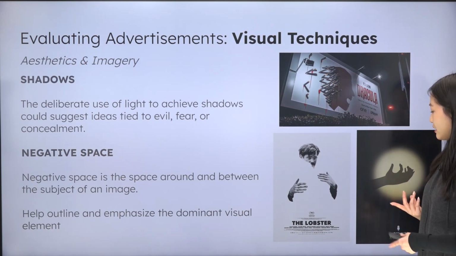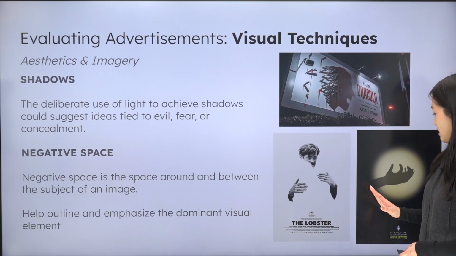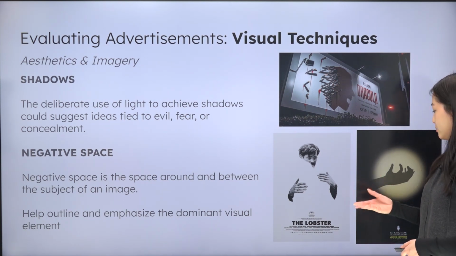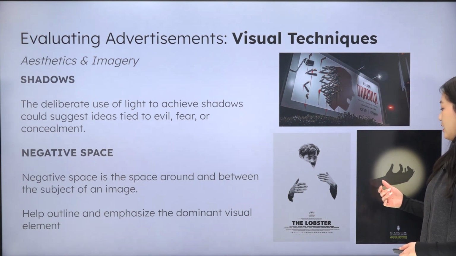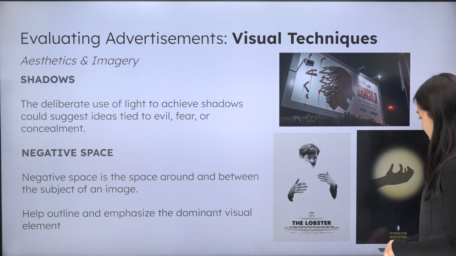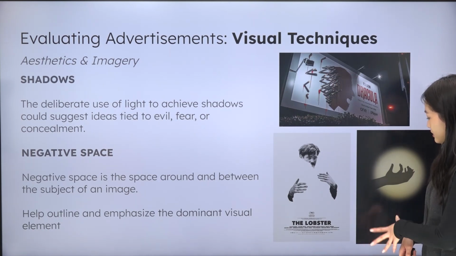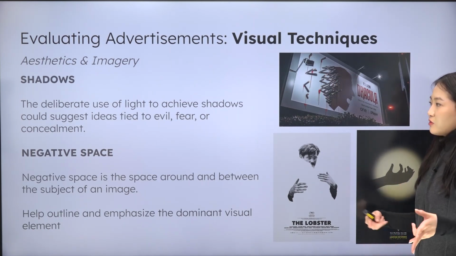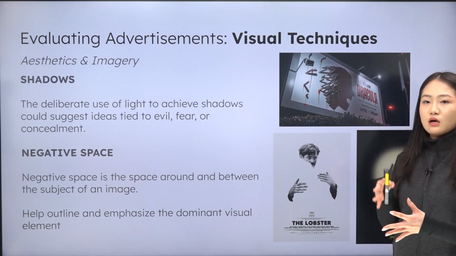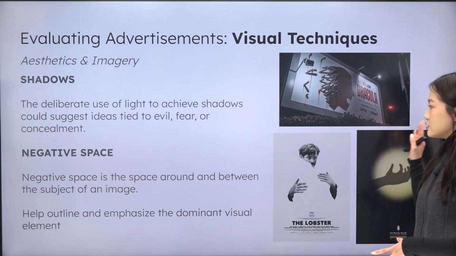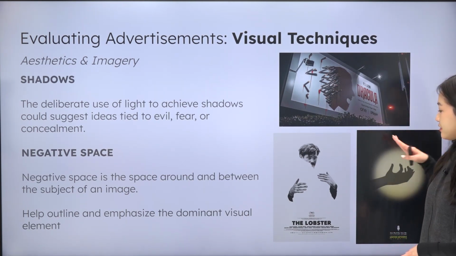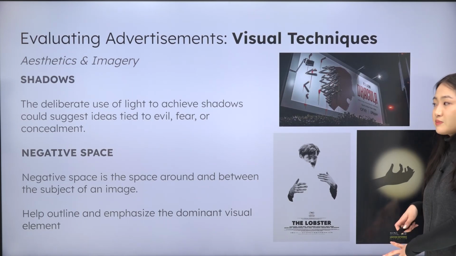And it highlights the shadow. And while you see that it is a hand, you can also see that it is shaped as an animal, which goes perfectly with our motto. And this is another way to utilize shadows, negative space, and color theory in order to have such a convincing campaign or advertisement.